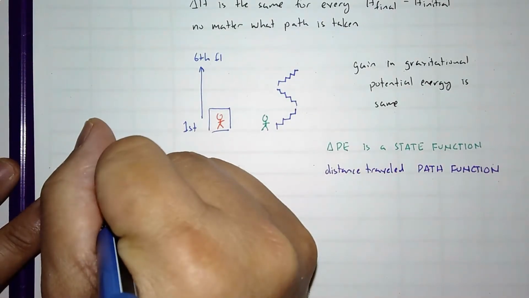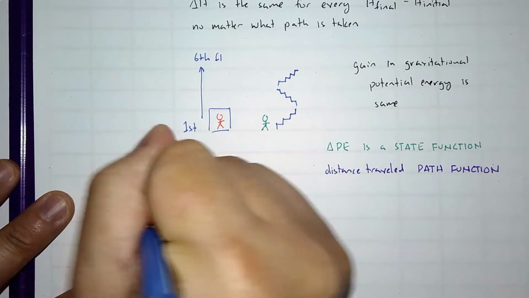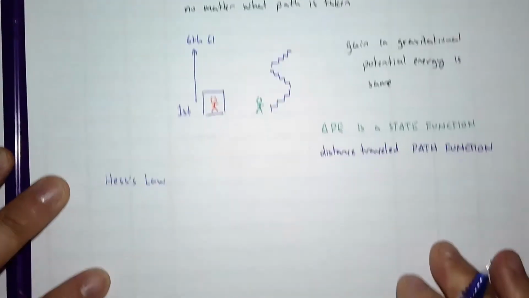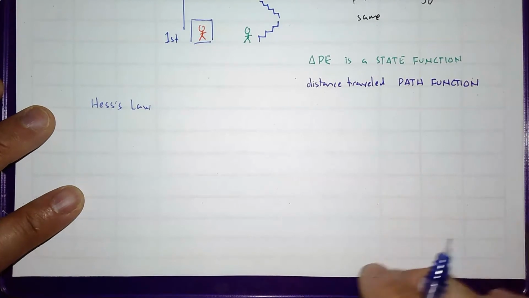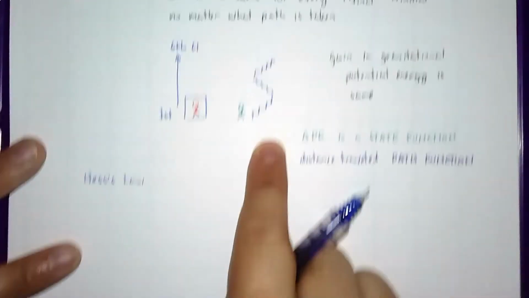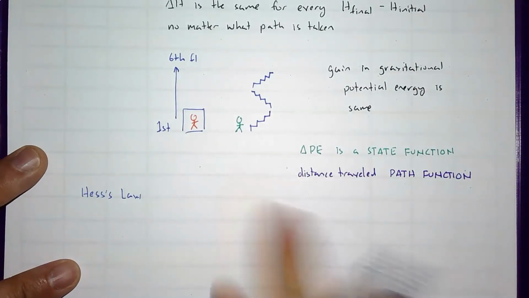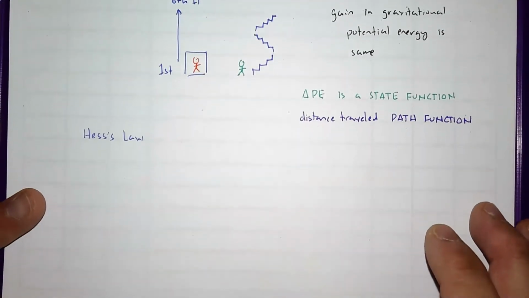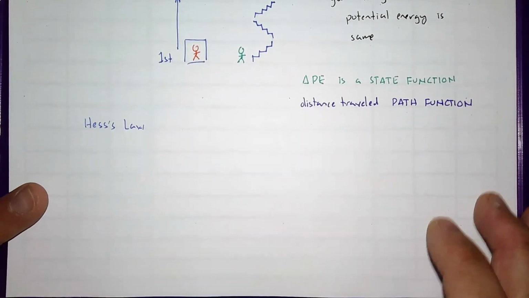Let me give you finally the definition for Hess's law. We're going to apply this concept of the state function to enthalpy using Hess's law.